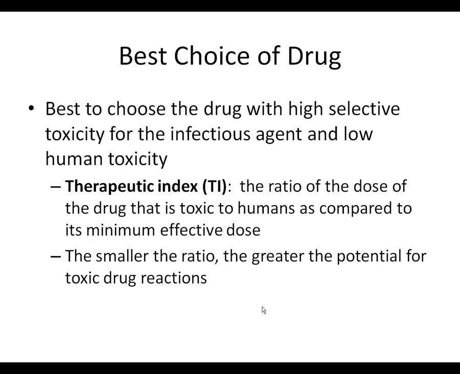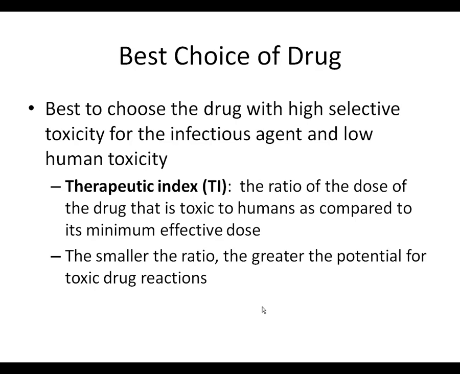So when we talk about therapeutic index, this is the ratio of a dose of a drug that is toxic to humans as compared to its minimum effective dose. Meaning that if I have a greater therapeutic index between where I begin to be toxic and where my drug is effective, that bigger index means that this is a better drug for me.